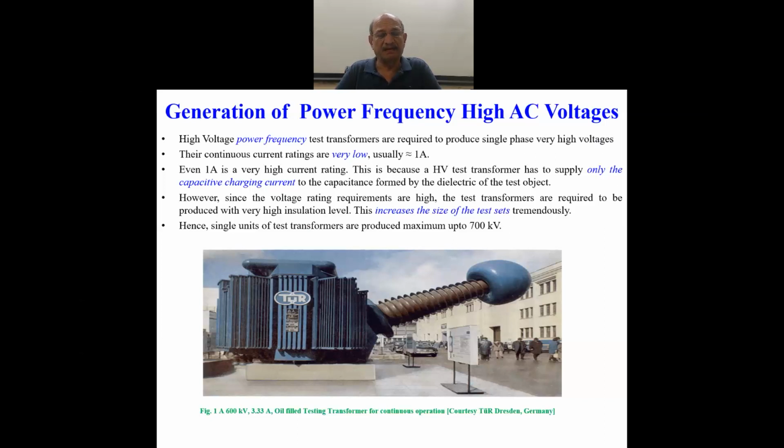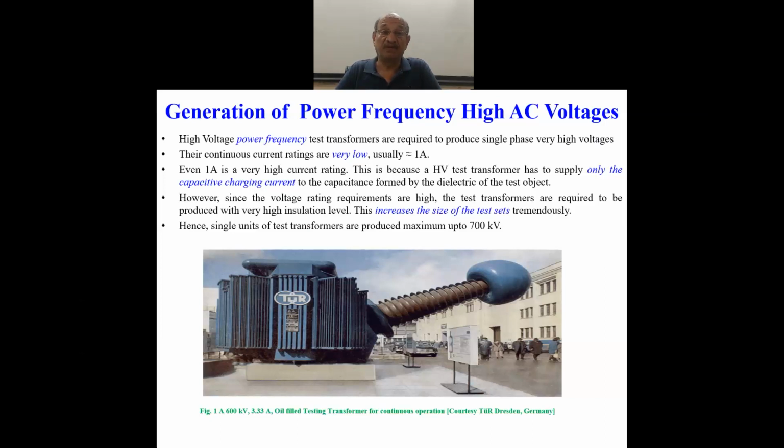The highest is 750 kV, not 600 kV, but this is 600 kV. You see the human being walking near this test transformer is so small, and this test transformer is so huge. Why does the test transformer become so huge?